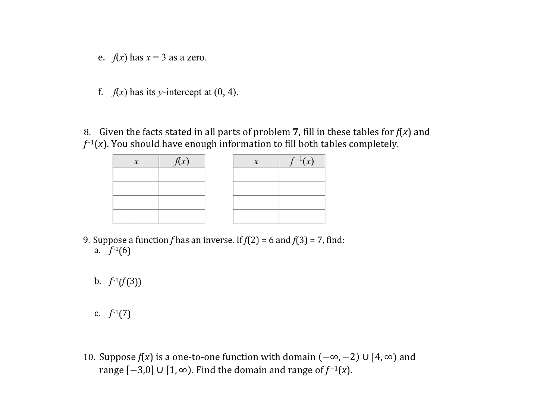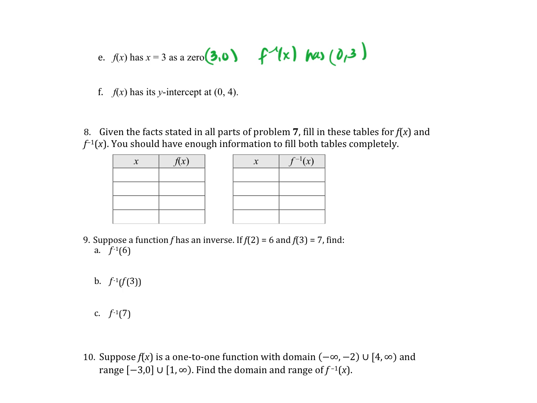All right, if f of x has x equals 0, that means it's the point (3, 0). So the function inverse has a point (0, 3), which is a y-intercept.